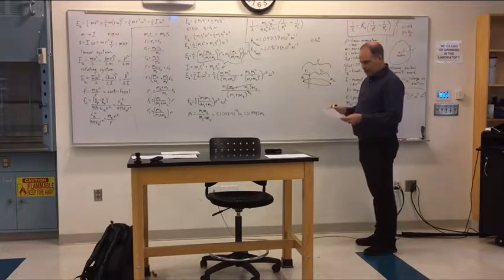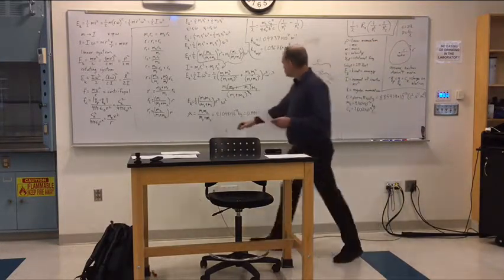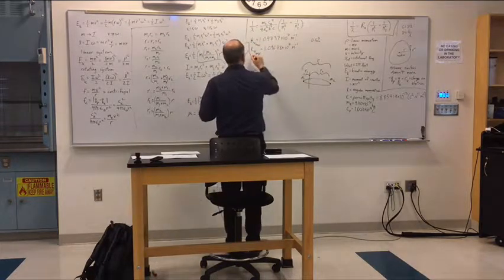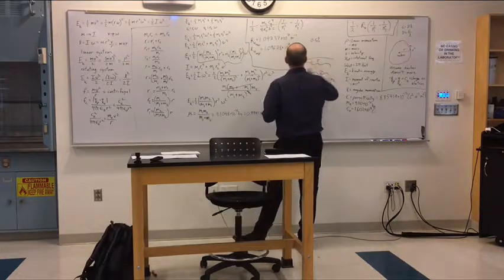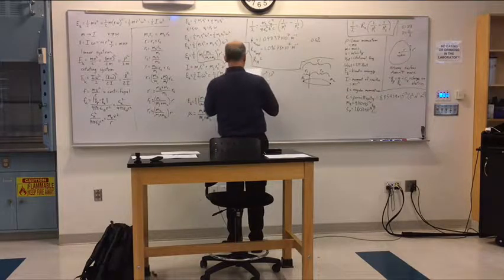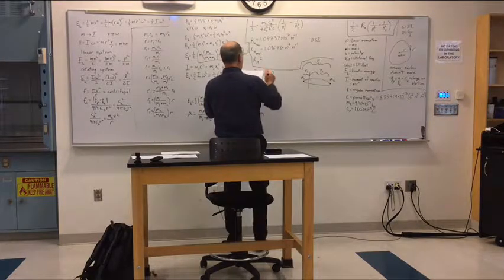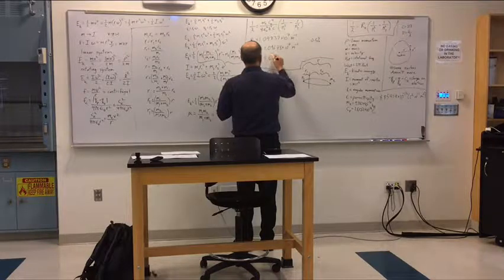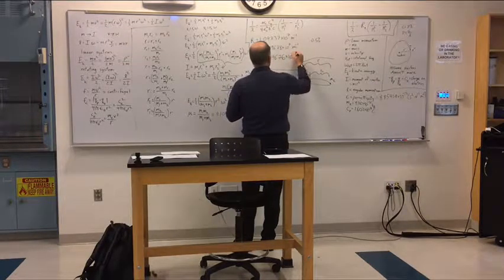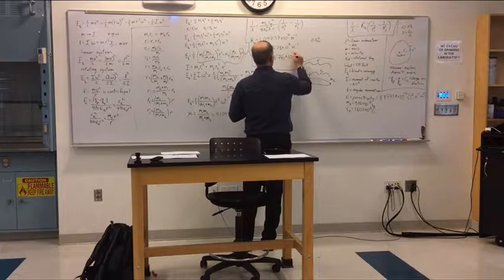The value that we get, our new Rydberg value, is equal to 1.09676 times 10 to the 7th meters to the minus 1.